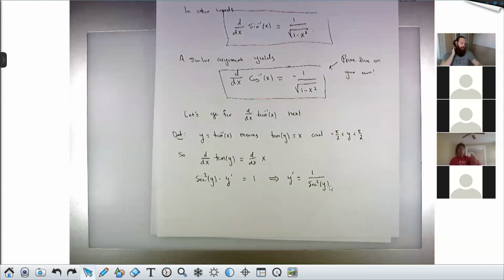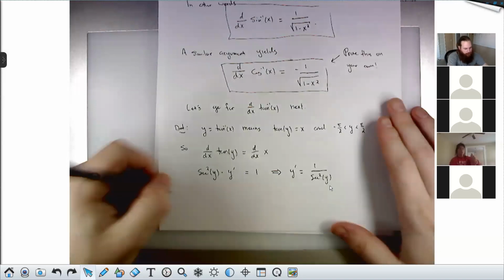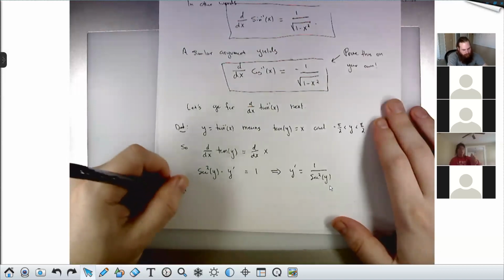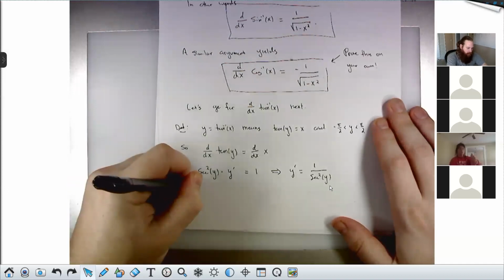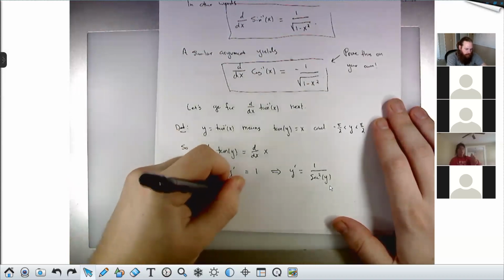And just like I could use the trig identity sine squared plus cos squared equals 1 to clean up the last one, I can use the equivalent Pythagorean identity for tangent, which is tan squared plus 1 equals secant squared.